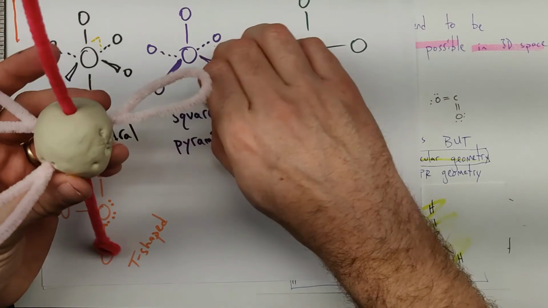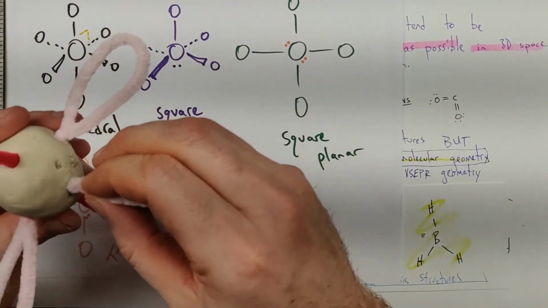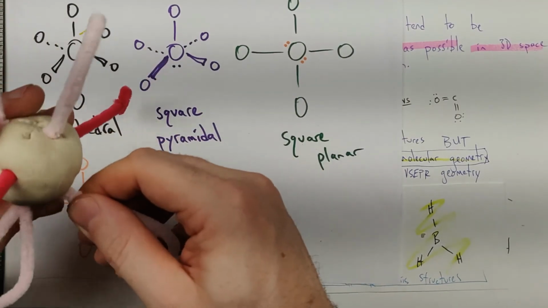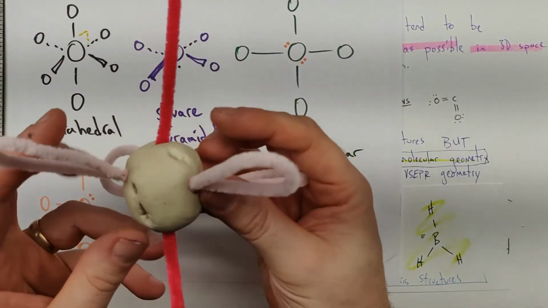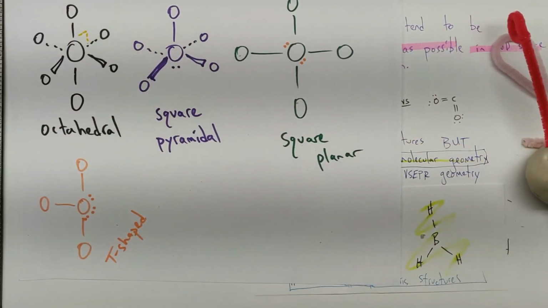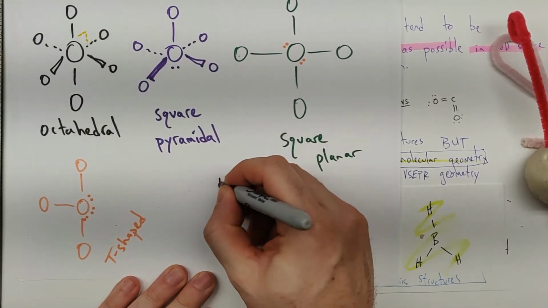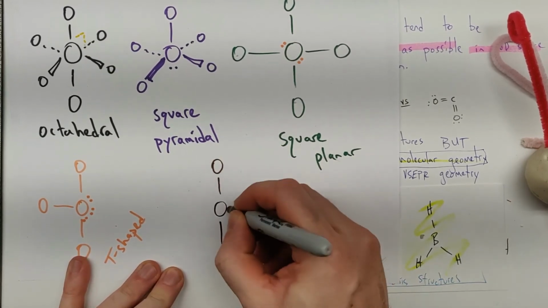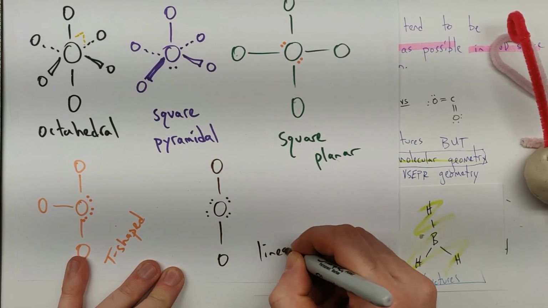In fact, when we add one more non-bonding pair, which is the case one step over from this, it follows our octahedral molecular geometry, but since 4 of those are non-bonding pairs, it just looks linear. And that's probably not a situation you're going to run into too often, but just for reference, we end up with linear again.